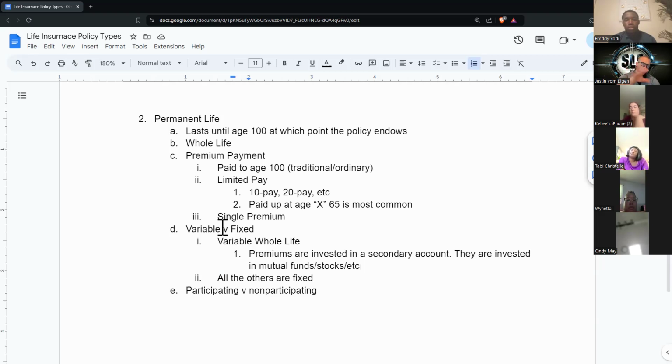You know how I told you the insurance company takes your premiums and they invest it in stuff? Well, when you have a variable holding, your premiums are invested into stocks and bonds, or typically a mutual fund. And as that mutual fund earns interest, the cash value grows as well.